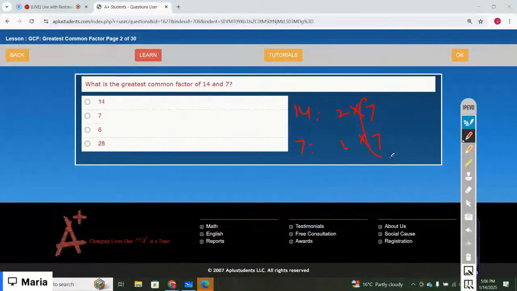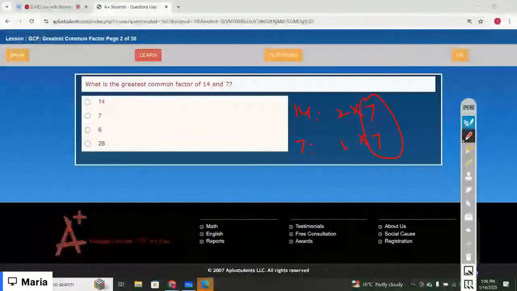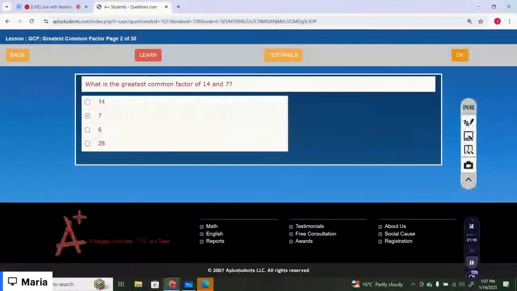The greatest common factor of 14 and 7 is 7. The correct option is 7. Option number 2 is the correct option.